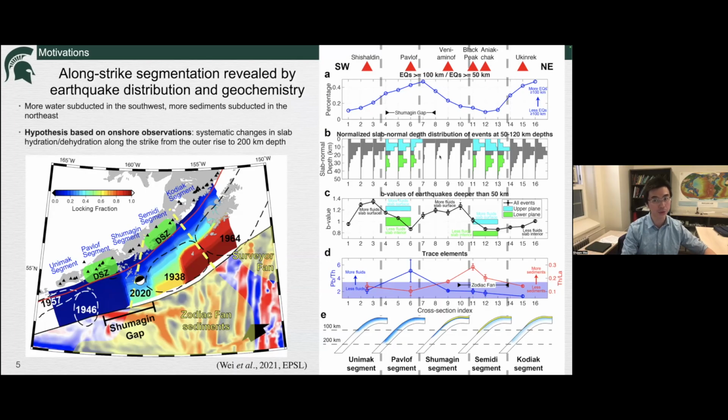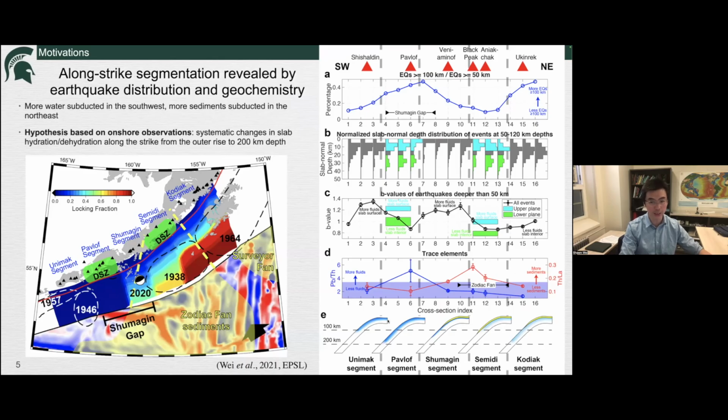We looked at the double seismic zone, which is a unique feature in subduction zones. We looked at the b-value of earthquakes, which can tell us something about fluids. We also looked at geochemical signatures from volcanoes. But the general idea is that we believe there's more water subducted in the southwest and less water subducted in the northeast.